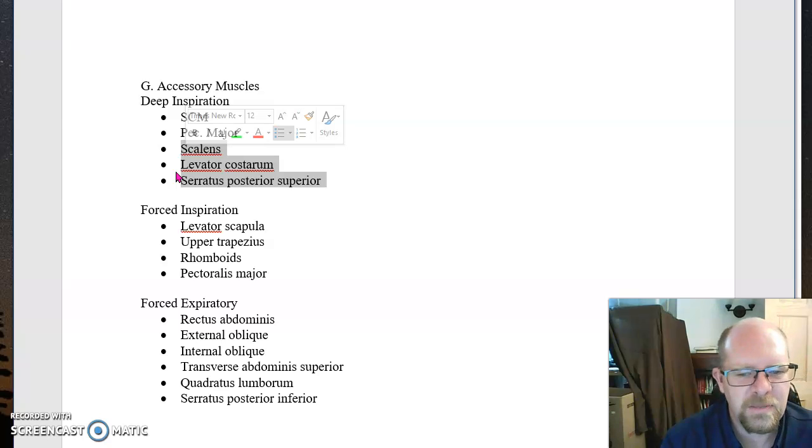Now, forced inspiration: levator, upper traps, rhomboids, pec major. Forced expiratory: rectus, external oblique, internal oblique, transverse abdominis, superior section, quadratus lumborum, serratus posterior inferior.